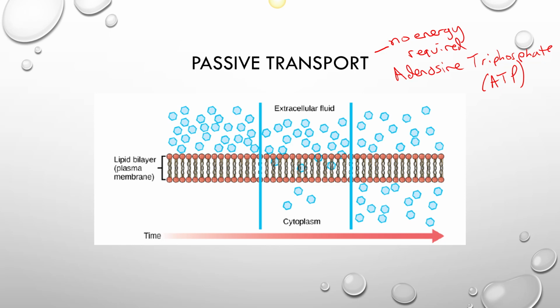And what passive transport is doing is it's the movement of substances from an area of high concentration to low concentration. Another phrase for this is moving a substance down its concentration gradient.